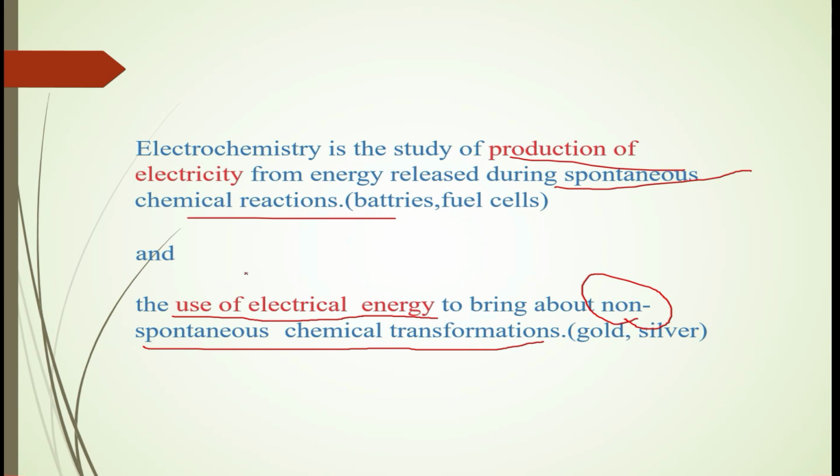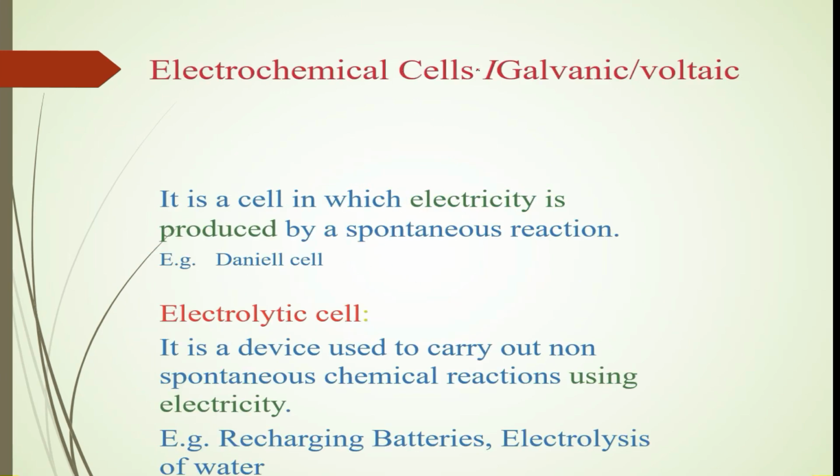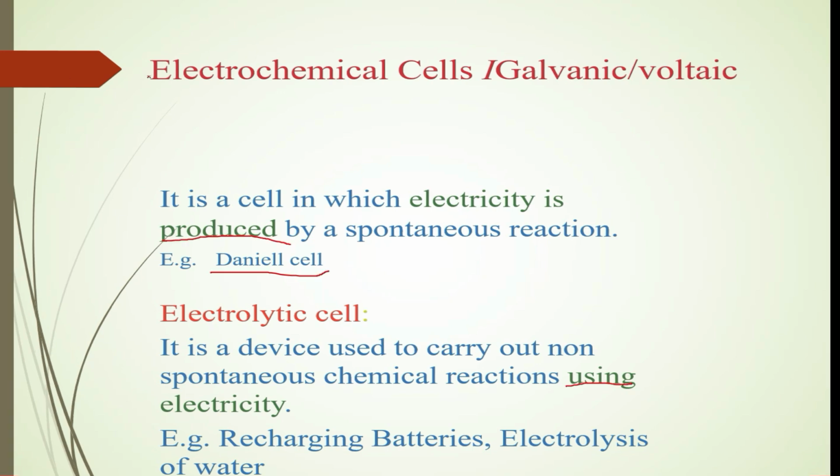We explain electrochemistry in two different types: electrochemical cell, or galvanic cell, or voltaic cell, and electrolytic cell. Electrochemical cell produces electricity, electrolytic cell uses electricity. Examples for electrochemical cell: Daniell cell.